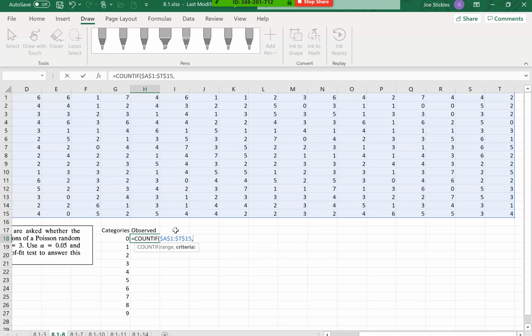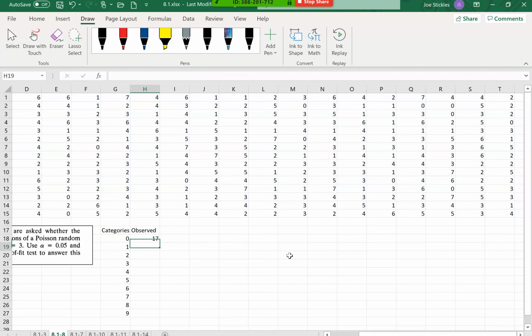What I mean is that the criteria is the cell right to the left of the formula. When I copy this down to the next cell, it's going to grab the value right to the left of that formula. That's why I have to use absolute cell references for the range, because I want to make sure those values are always referenced in that rectangle up there.